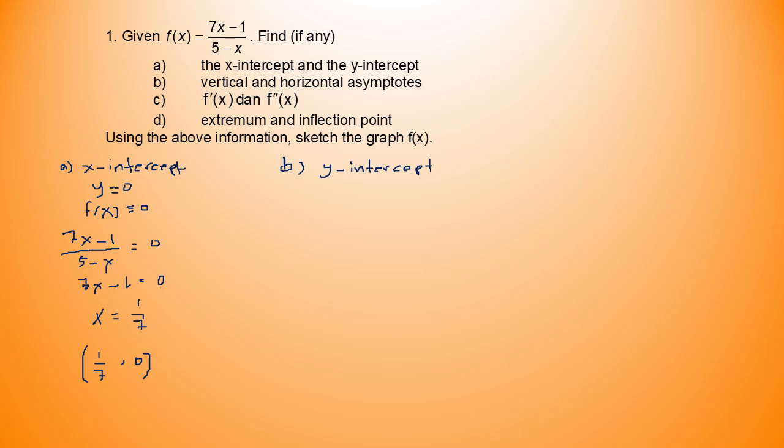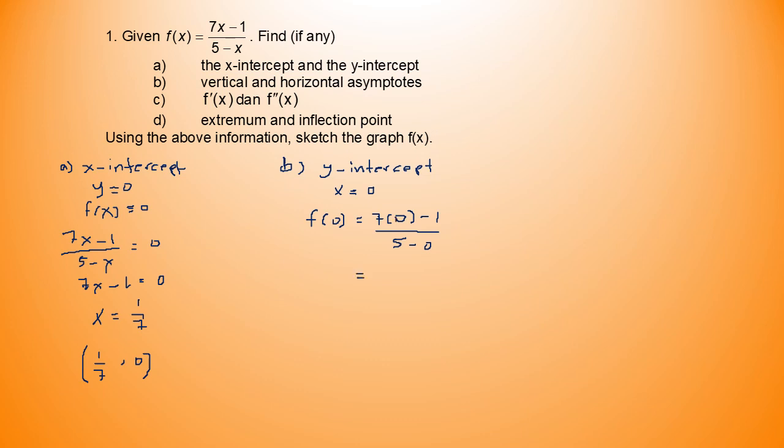Next, find the y-intercept by setting x equal to 0. That means we find f(0), substituting x equal to 0. So (7 multiplied by 0 - 1) over (5 - 0).